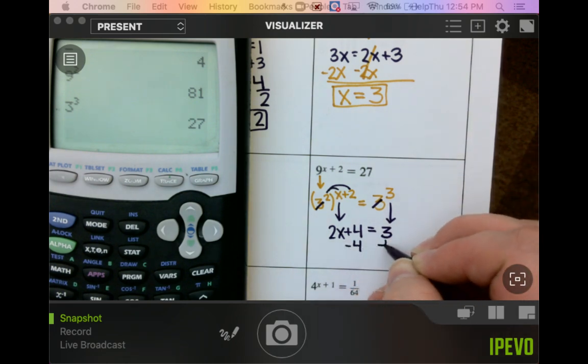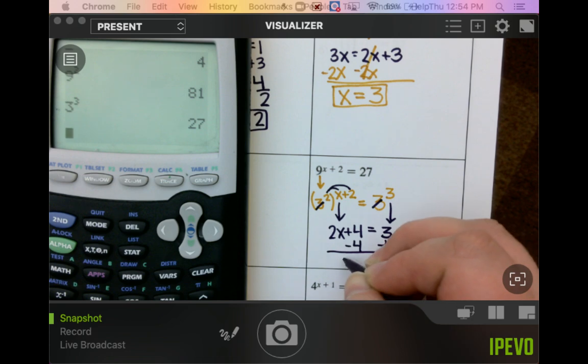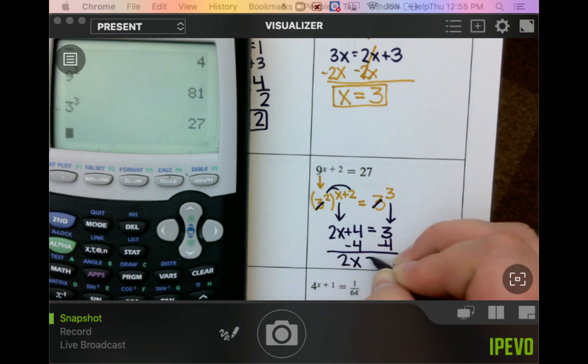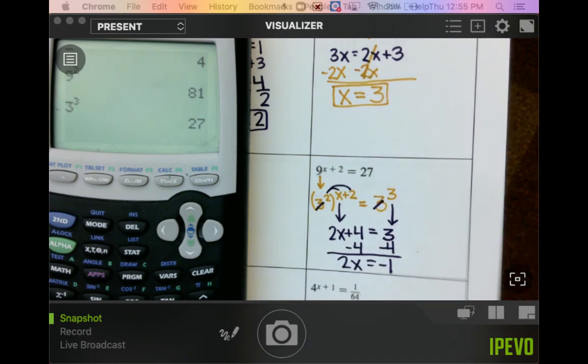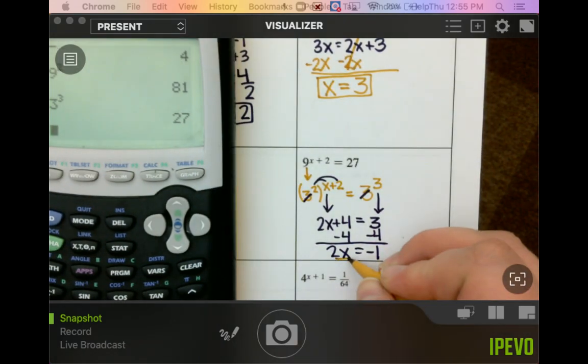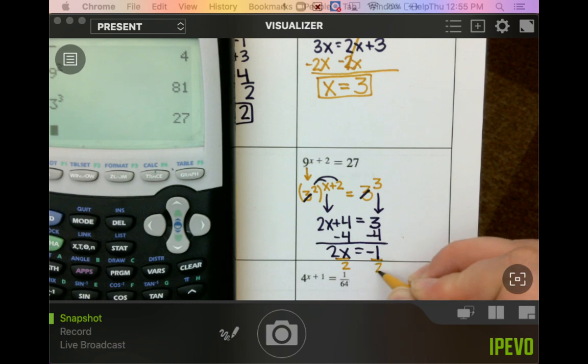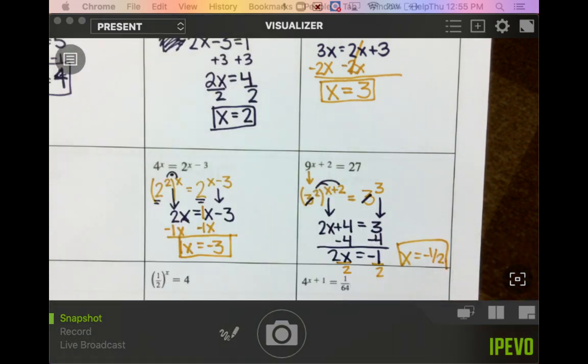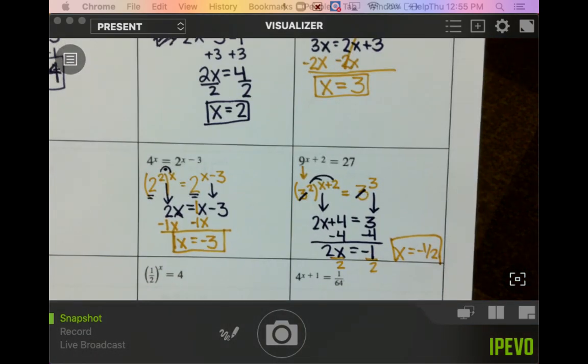And this one's going to be a decimal. It's okay. 2x equals -1. And then I'm going to divide by 2, which is going to make it -1/2. It's kind of like solving a regular equation. You just have to get the right setup before you do.